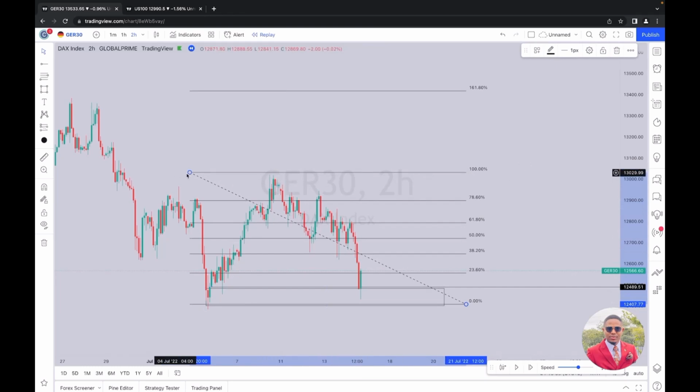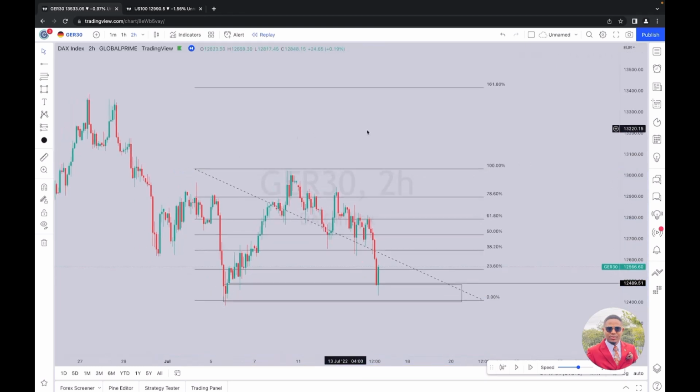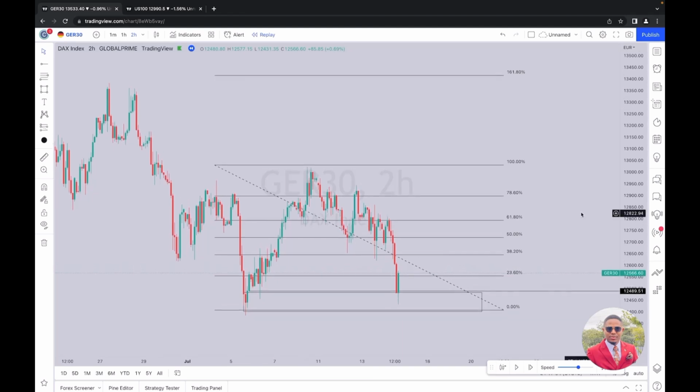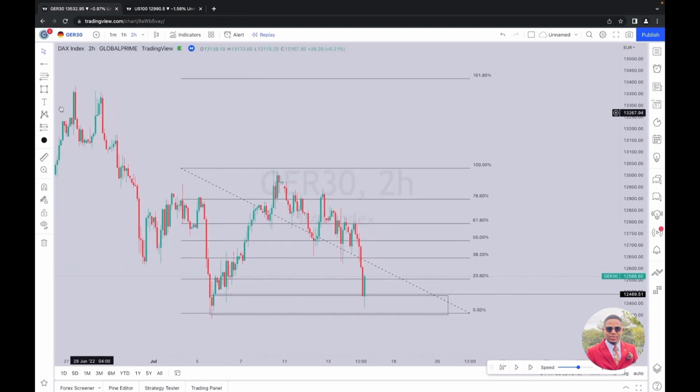What happens here is that you always need to hold a trade until you reach 161, because price will have to go to 161. It will break the 100 like this, so your TP is going to be here.